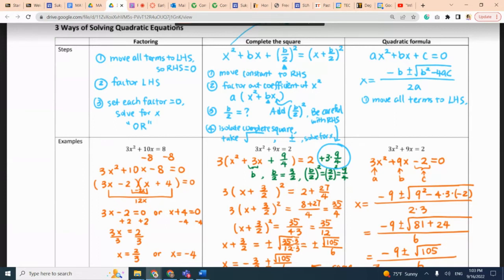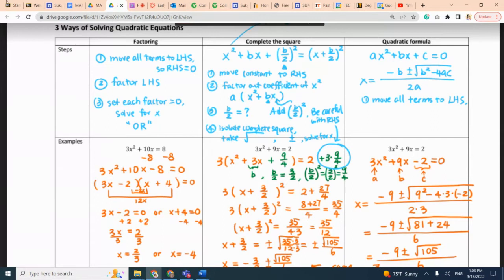We add 2 on both sides, so 3x equals 2. Both sides divided by 3, we get x equals 2/3. Yes, everybody? Or for this one, we subtract 4 on both sides, we get x equals negative 4. So this is how to solve it using factoring. Everybody okay with that?